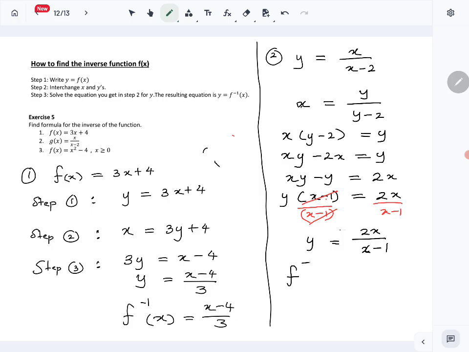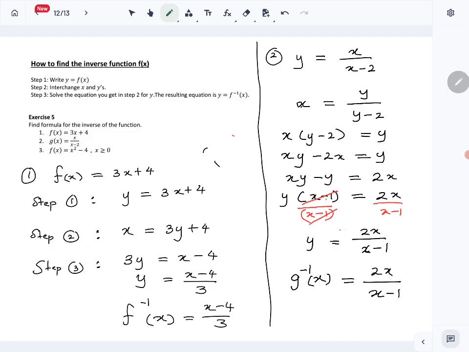Then that is our inverse function. This is not f inverse, this is g inverse. So the inverse function of g is equal to 2x over x minus 1, right? So again 3 easy steps to follow, then you can get the inverse function, right?